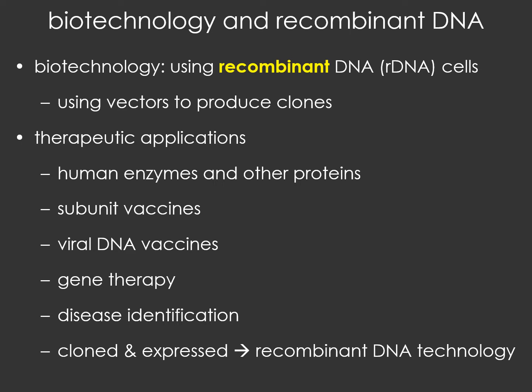And so what we're really going to talk a lot about is using recombinant cells, which, as you remember from the previous lecture, are recombinant because they have DNA inside of them that has been donated to them from an outside source. We talked about horizontal gene transfer as a natural phenomenon.